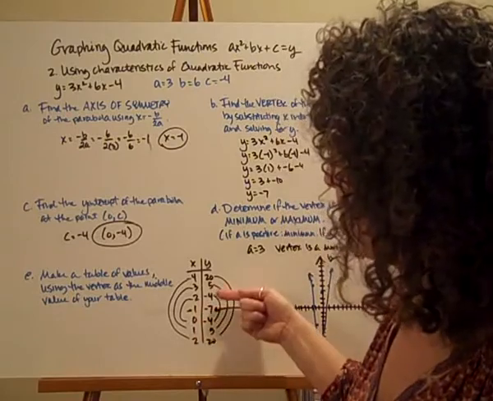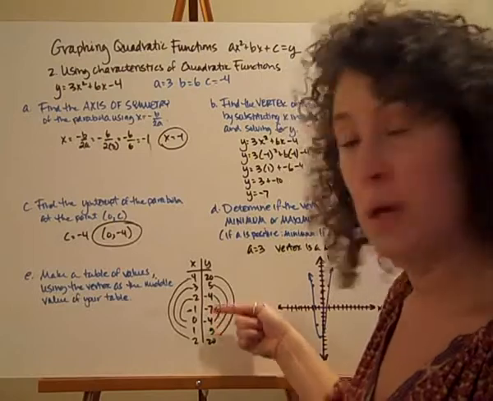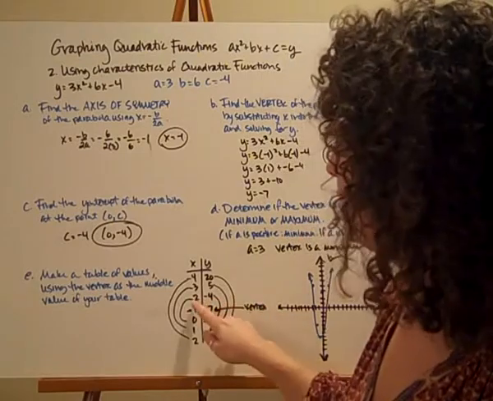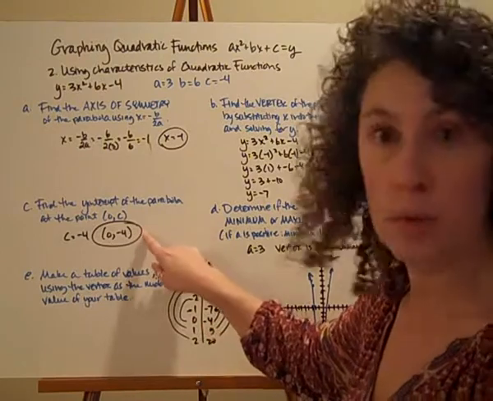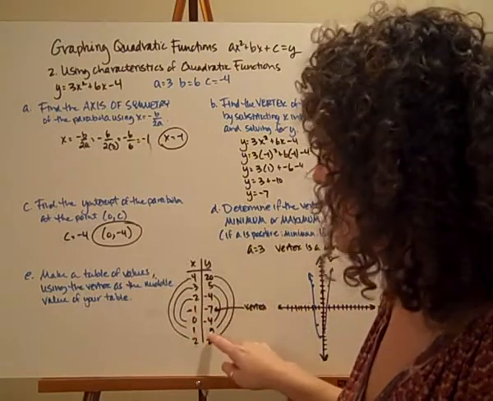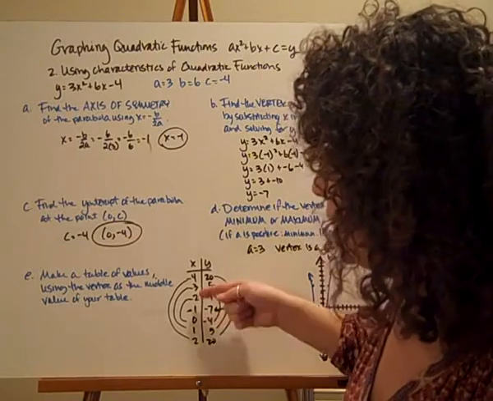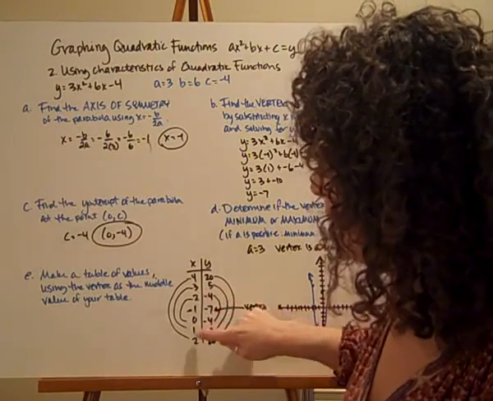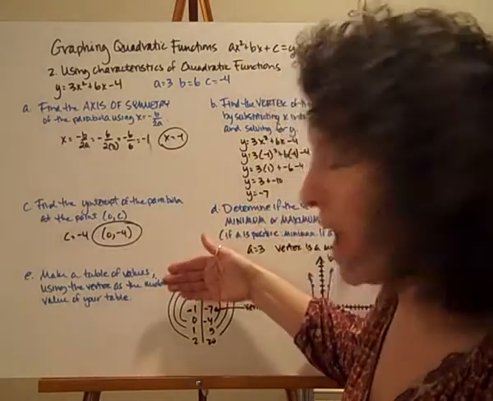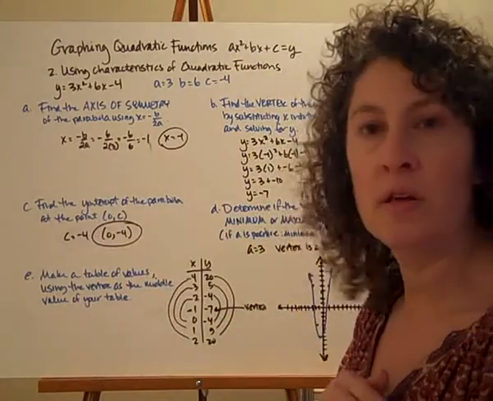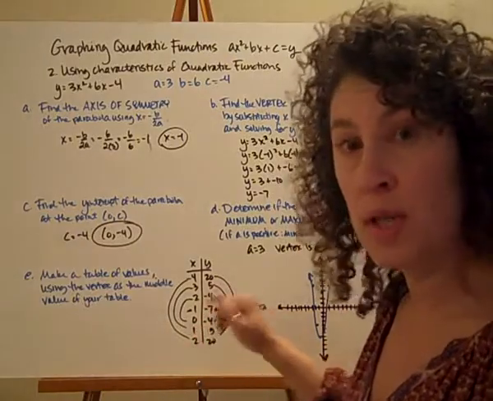Because then I can do half of this table, and the other half will be a mirror image of it. So I'll do the positive ones. If I figure out 0, I know that's negative 4, because we did that with our y-intercept. If I plug in a 1, I get a 5. If I plug in a 2, I get a 20. But I'm going to know that those mirror each other on the other side if they are the same distance away from my vertex. So I can make half of the table and then fill in the other half because they are mirror images of each other, as long as I know what the vertex is and I'm putting that in the middle.